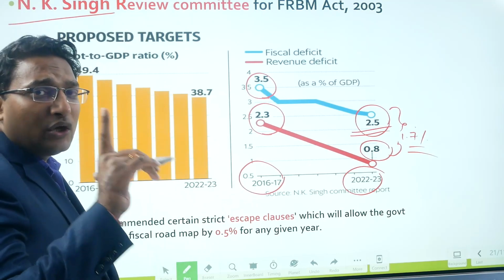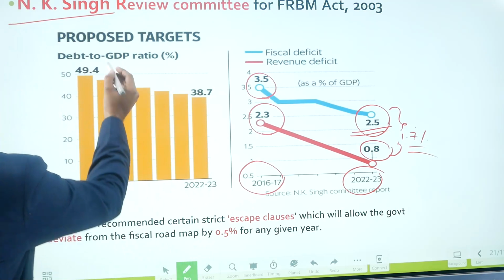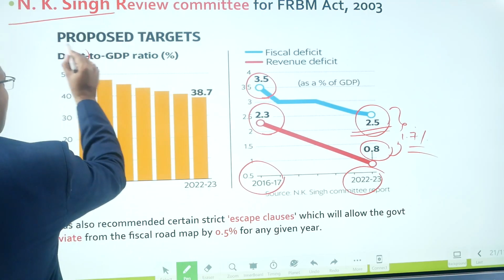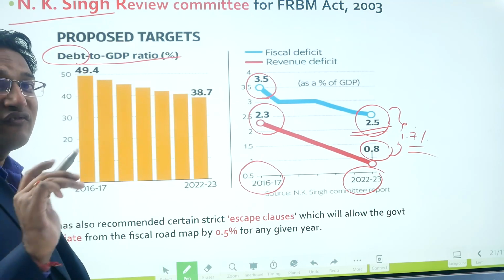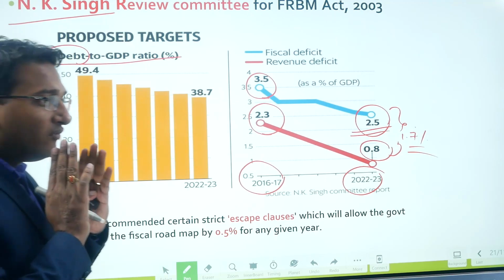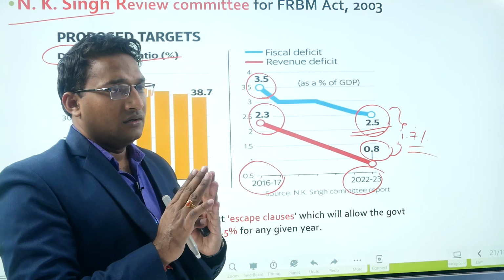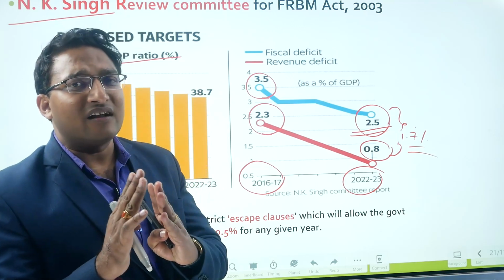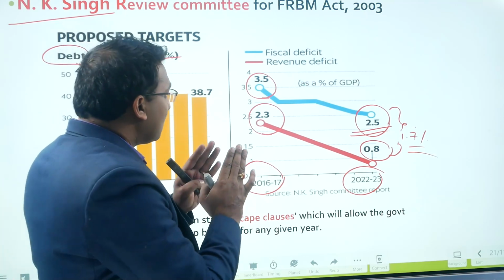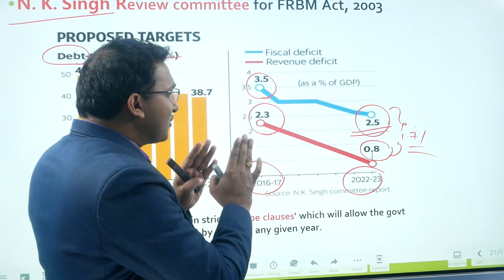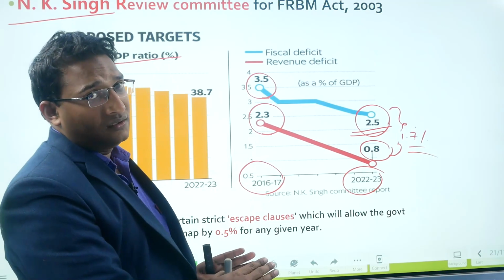The NK Singh committee introduced one very important concept: the debt to GDP ratio will be the prime anchor of the fiscal position. That means we will not judge the position of the central finances just by the quantum of fiscal deficit and revenue deficit.